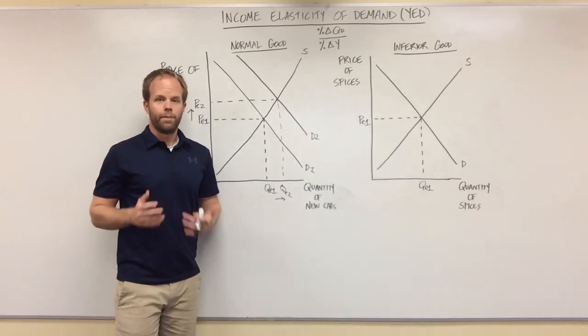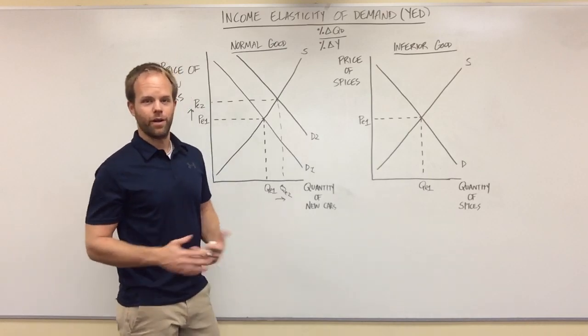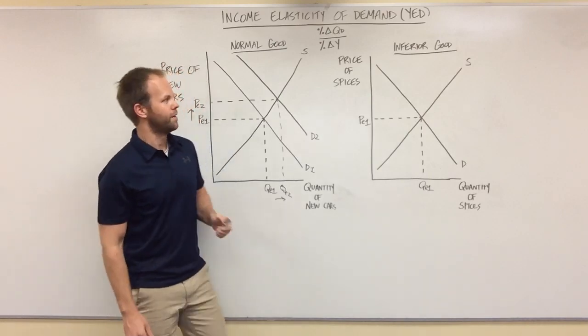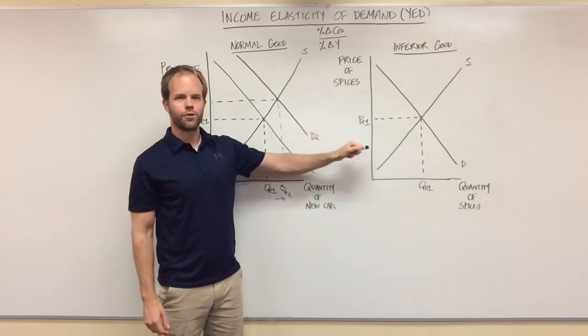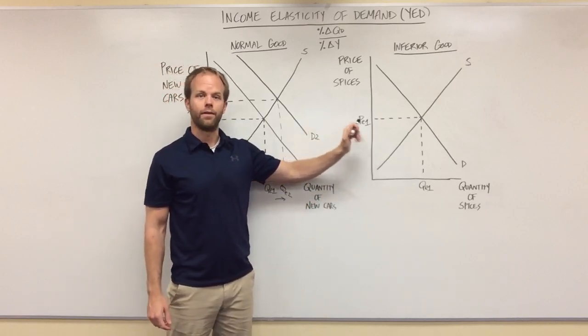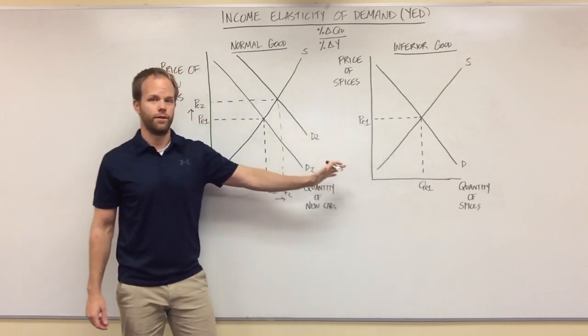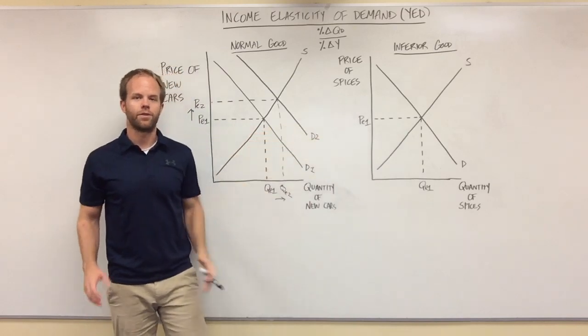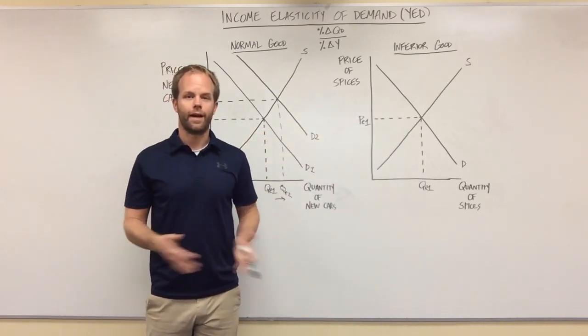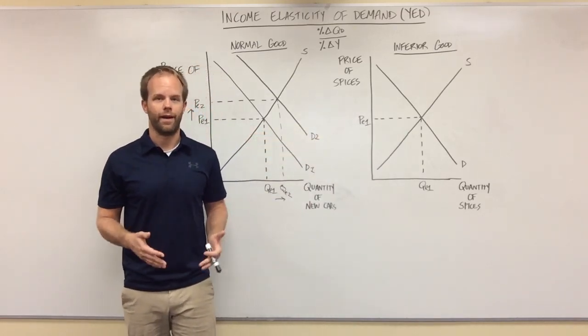Okay? But the party can't last forever. As we all know, we're in a recession now, and thanks to COVID-19, some interesting things have been happening in the markets for some inferior goods. So I've put spices down here because people are eating out at restaurants a lot less.